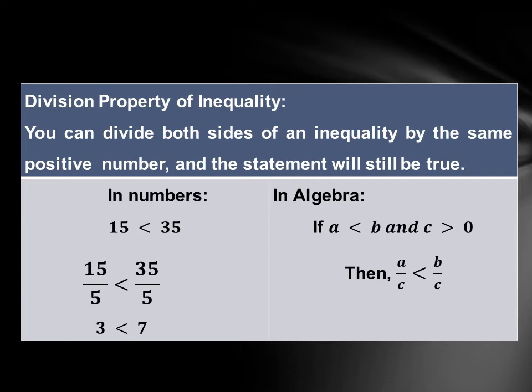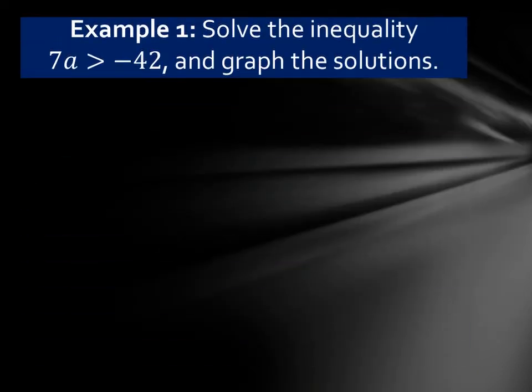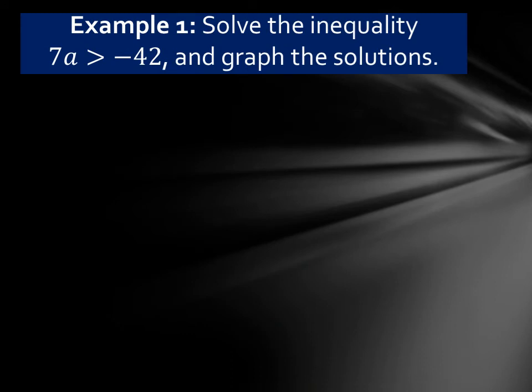In algebra, if A is less than B and C is greater than 0, then A divided by C is less than B divided by C. For an example, solve the inequality 7A is greater than negative 42 and graph the solutions.